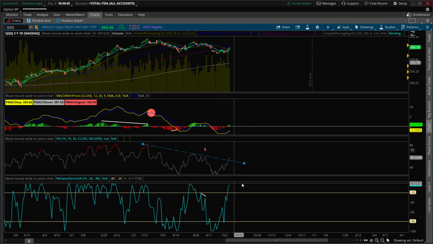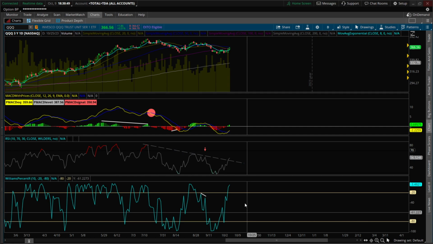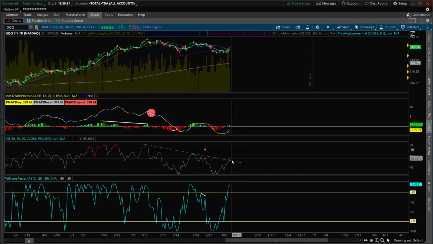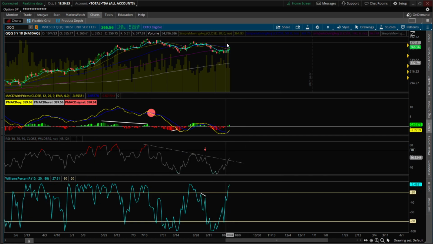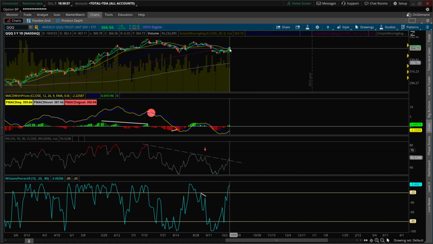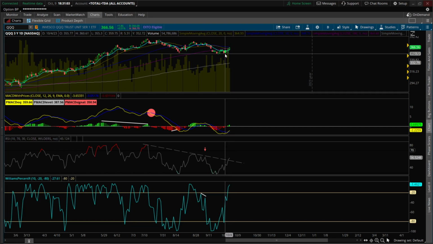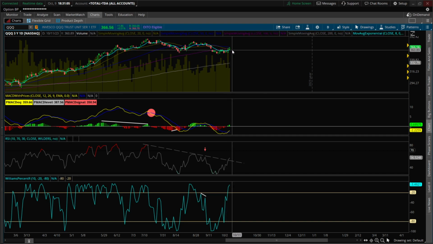Again, it's way oversold in this Williams %R. That's what matters. We're oversold and we're against resistance. So we're looking for this to end, minimum. Maybe we gap down and it already ended tomorrow. I don't know that, but I think SPY has just a tad bit to go.